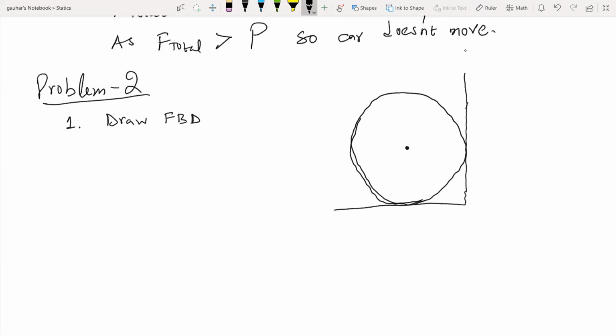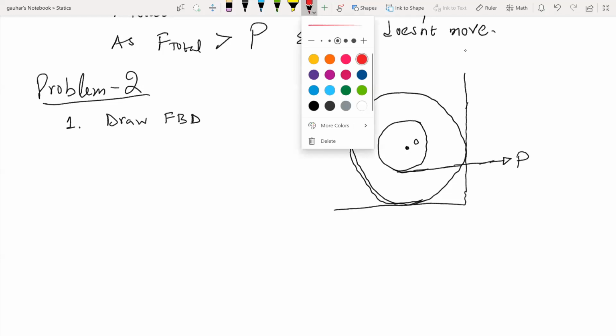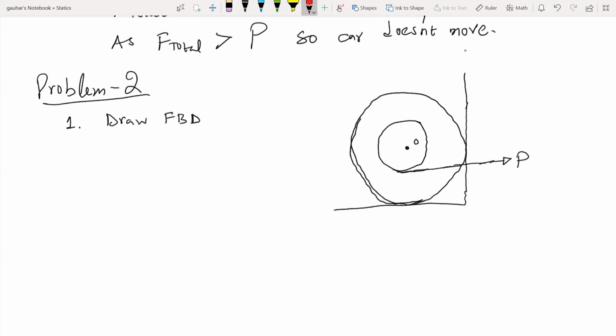This is the center, this point O. And this is the wire which we are pulling with force P. Okay. Now this is the outline sketch of the system. So now let's draw the forces which are acting. Okay. So first we have the weight of the spool acting at point O.